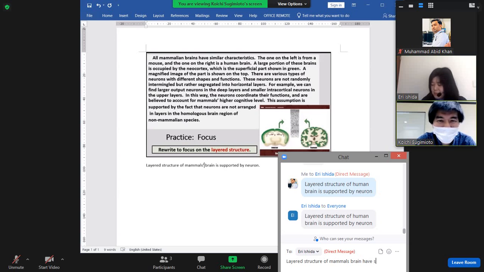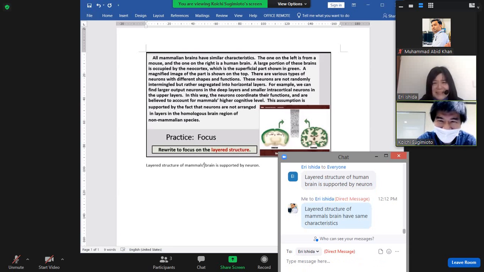Because in the text they said the arrangement of different neurons makes layers, right? So it is true. Dr. Khan says the layered structure of mammals' brains has the same characteristics.